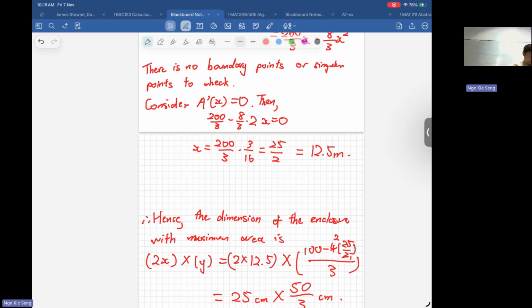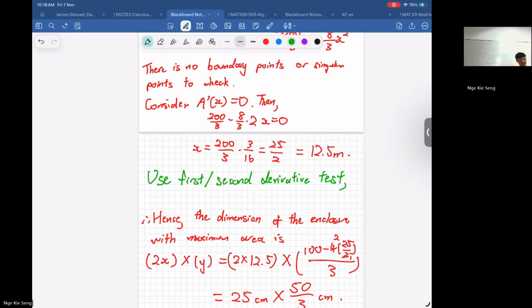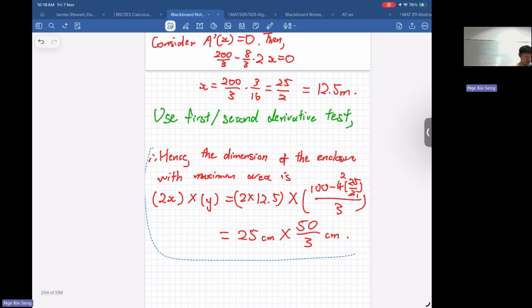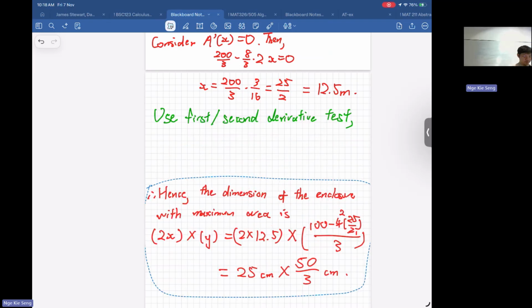So make sure you use the first or second derivative here to check whether you get a local maximum or local minimum. Because there's no boundary point or singular point, you just need to worry about your local maximum.